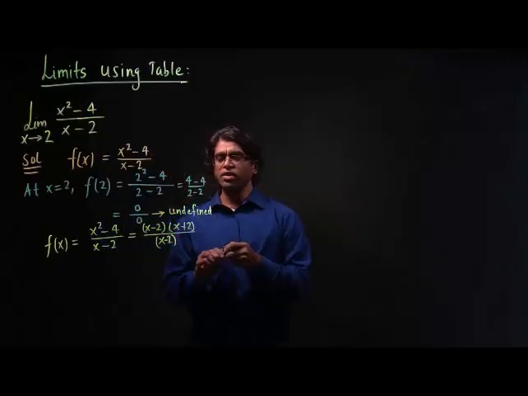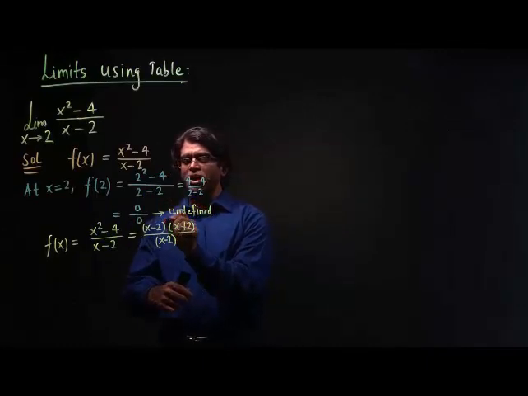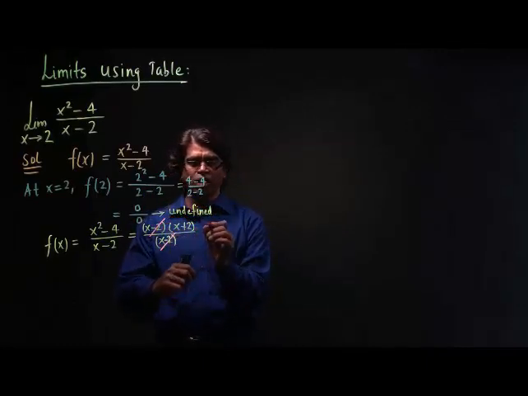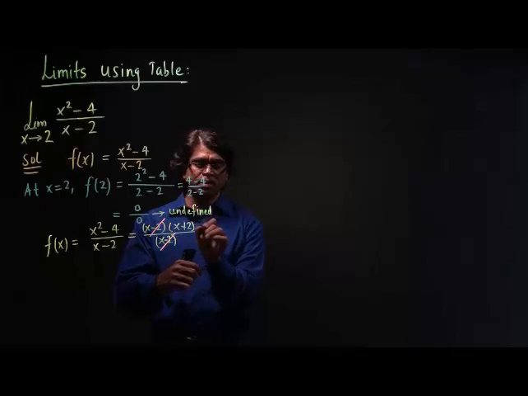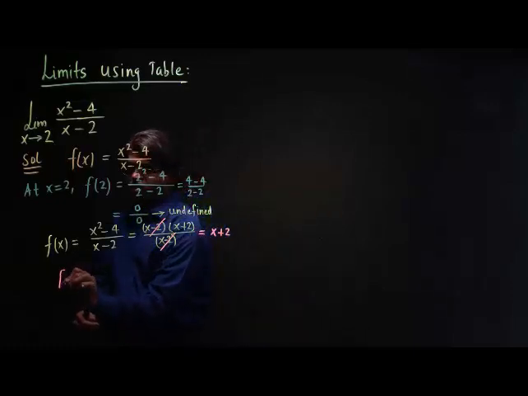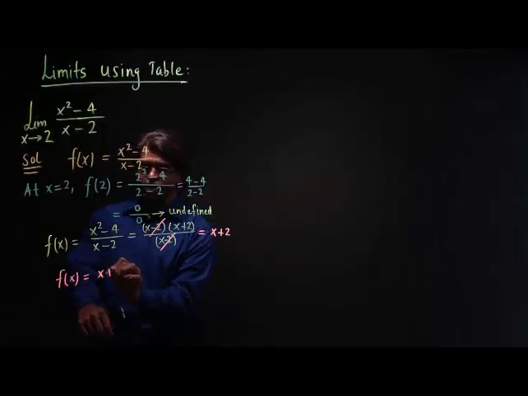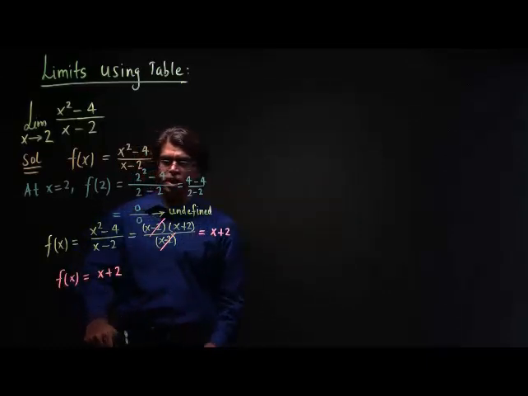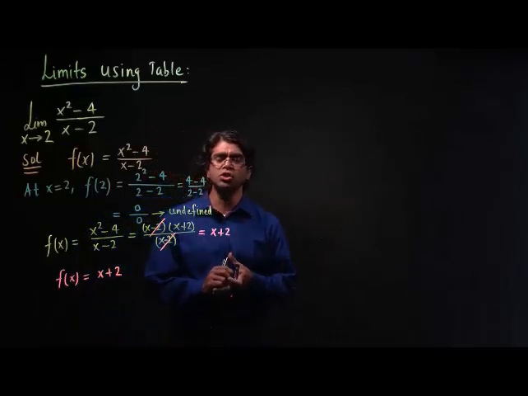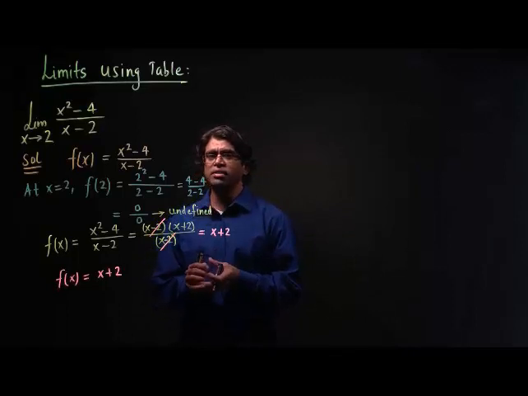I have a common term in the numerator and denominator, so I can cancel that out, and I get x plus 2. So the function f(x) simplifies to x plus 2. But you need to remember that the function is not defined at x equals 2.